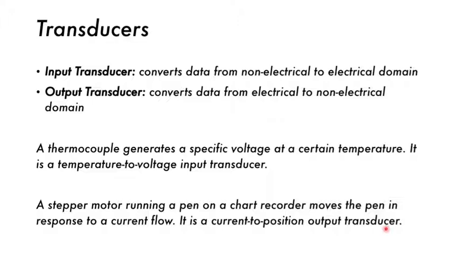Before that, it was all chart recorder type things. You would have some sort of motor which would respond to the electrical signal, and that movement would literally draw a line on a page.